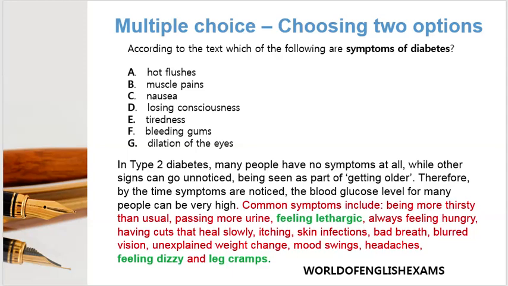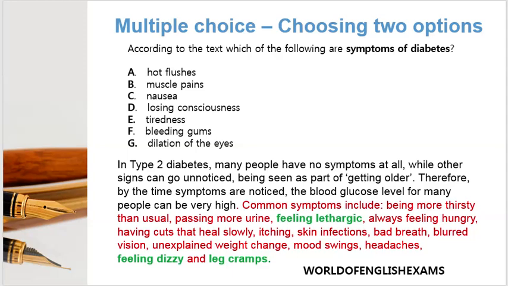So depending on this context, I have identified three symptoms, three options. But yes, if the multiple choice question asks you for two options, you can give any of them. But this one is asking for three options. I'm so sorry, but I'm unable to paste the entire question. But let's see the options. Hot flushes, muscle pains, nausea, losing consciousness, tiredness, bleeding gums, dilation of the eyes.